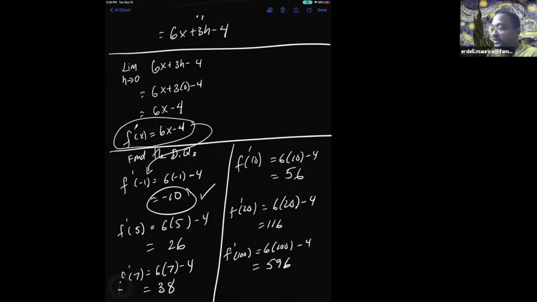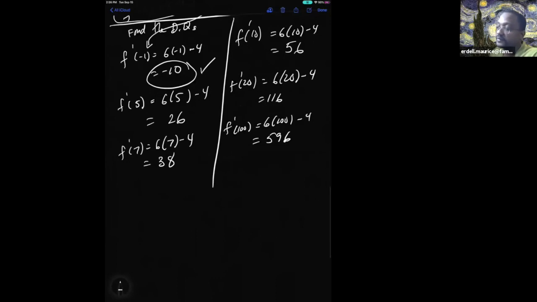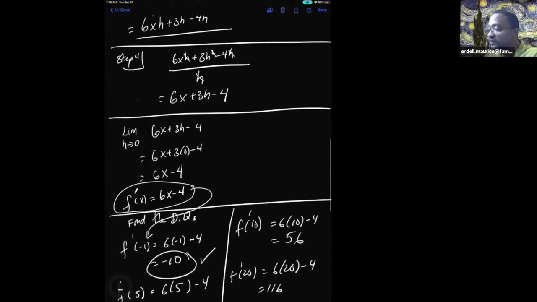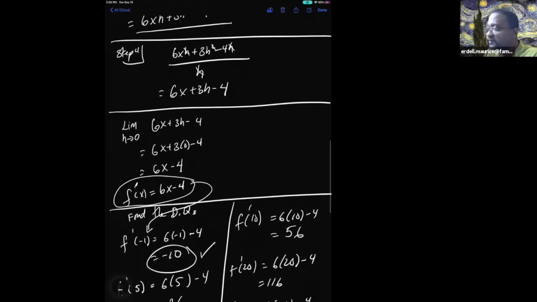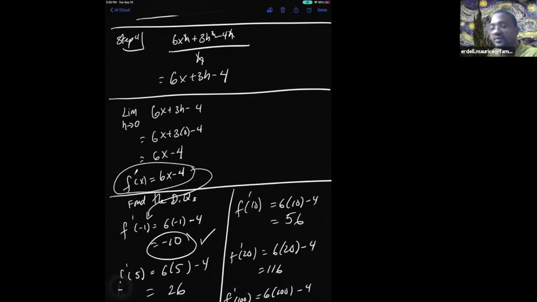All right, well then, go ahead and find the derivative for me, please. Now you see how you need to find the derivative to then find the remaining difference quotients?